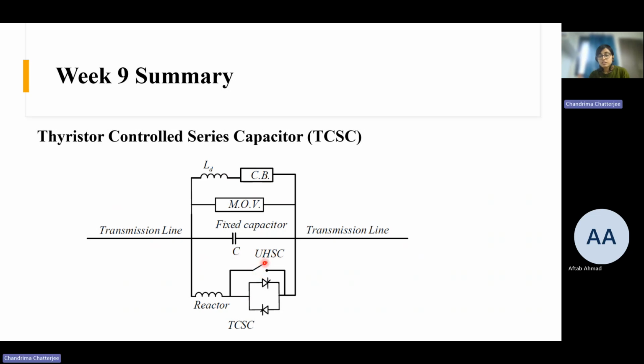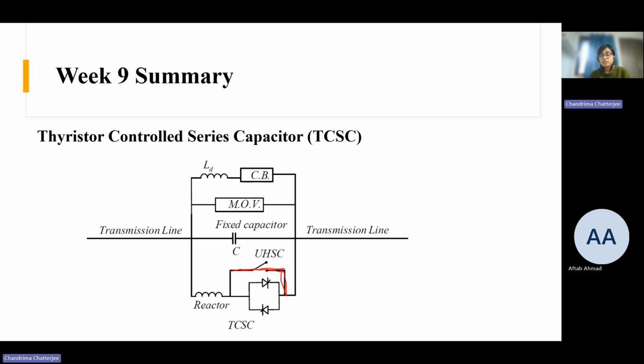If you close this, then these thyristors are bypassed, and the current will flow through this path instead of following the other path. So when you close this, the path will be something like this, and the thyristors will be bypassed.